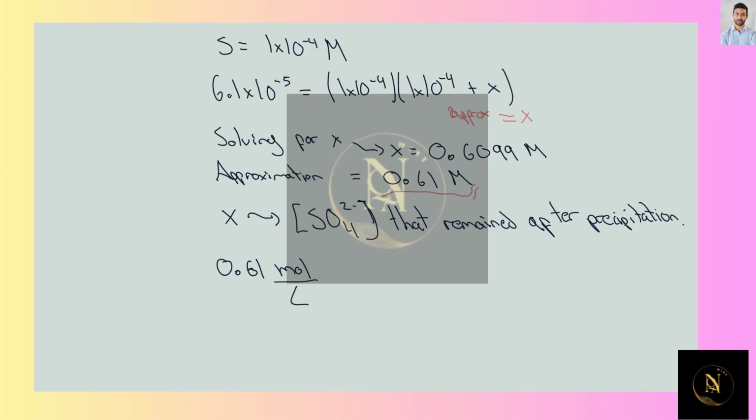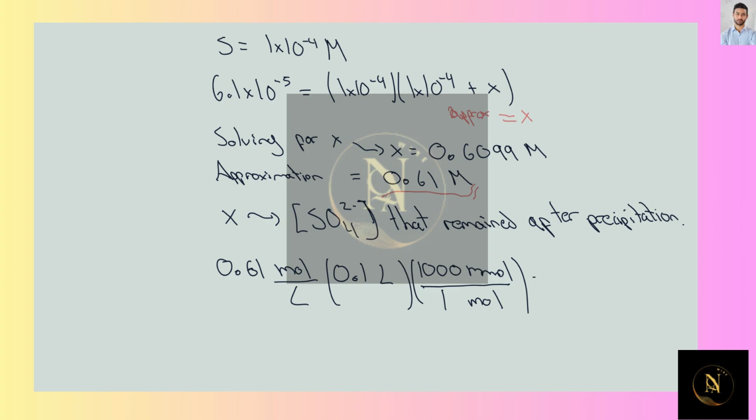So the amount that remained after precipitation is going to be the concentration times the volume of the solution, which is 0.1 liters. We have a 100 milliliter solution, and then we need to convert mole to millimole with this conversion factor: 1000 millimole corresponds to 1 mole.